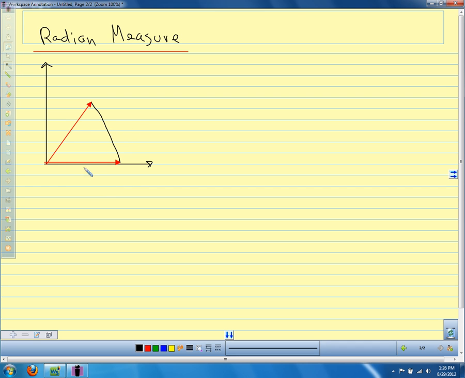And we're thinking of this making a circle. So this ray rotates around and makes a circle. So the length of this ray here is the radius of the circle. I'm going to label that R. This is our angle.